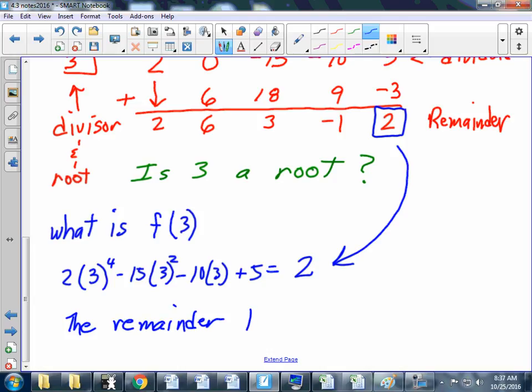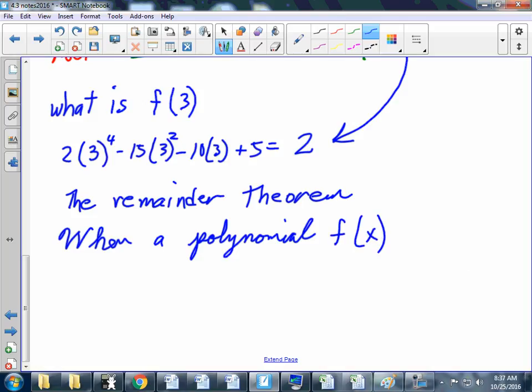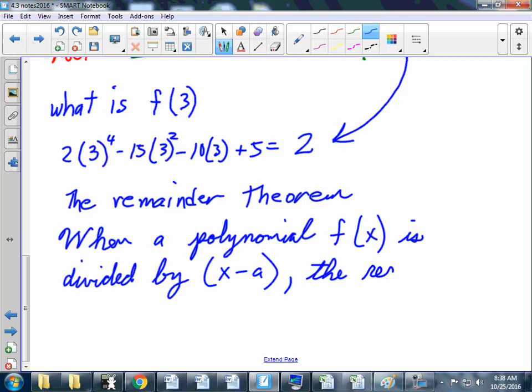And it just says, when a polynomial f of x is divided by x minus a, finish this sentence, the remainder is what?